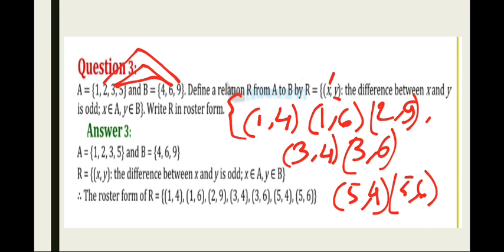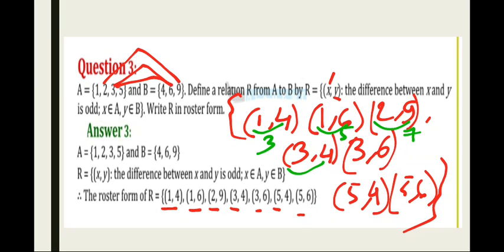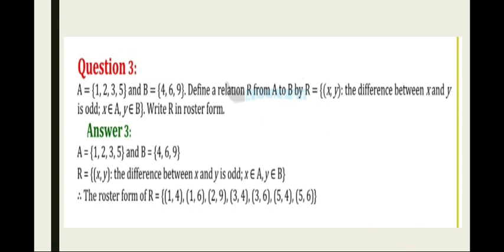So, the relation set will be 1, 4; 1, 6; 2, 9; 3, 4; 3, 6; 5, 4; 5, 6. Look here, the differences are 3, 5, 7, 1, 3, 1, 1. These 3, 5, 7, 3, 1, all these numbers are odd. In this way, you have to form this relation in roster form.